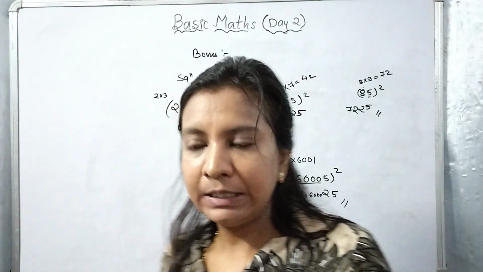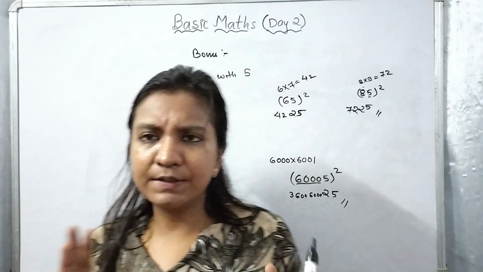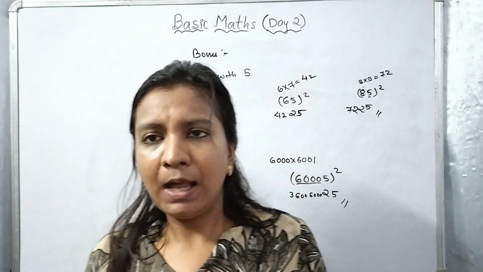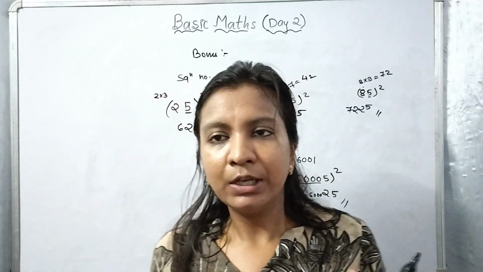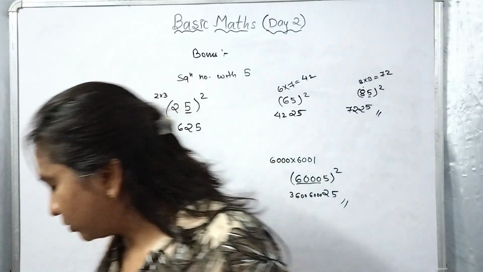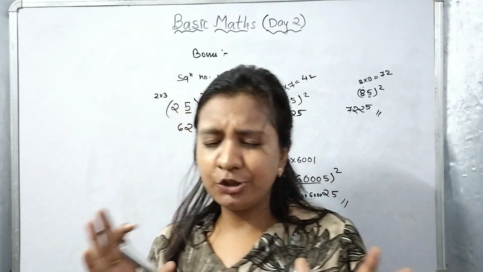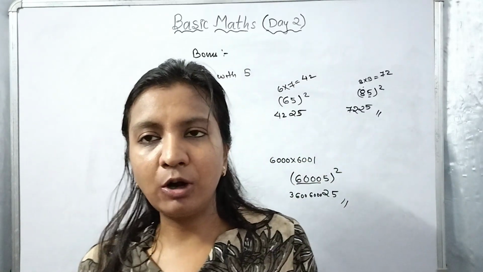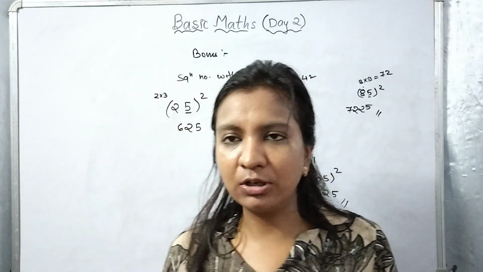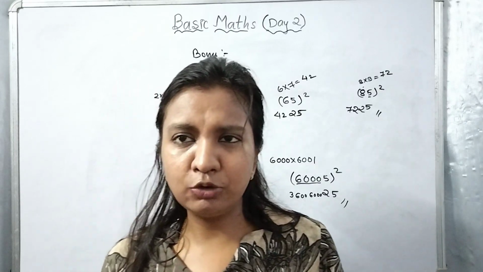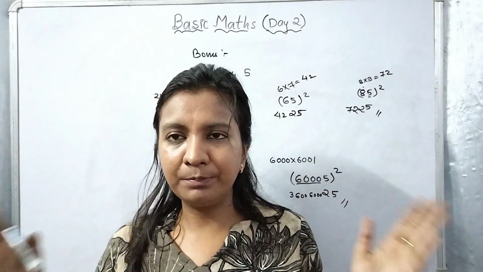For day 3, we have lots of different topics. We will discuss different properties of numbers, and we will solve examples which you regularly use in your equations. And also tomorrow, in day 3, I will teach you very easy tricks for division. Tomorrow's class will be totally based on division tricks. Here you can divide any number just by looking at it. It can be a bigger number, like 21329862137.